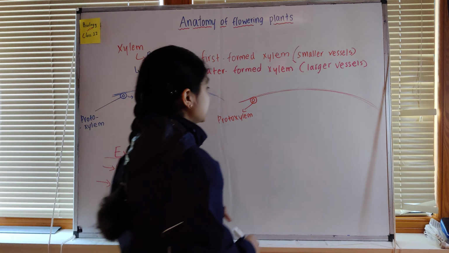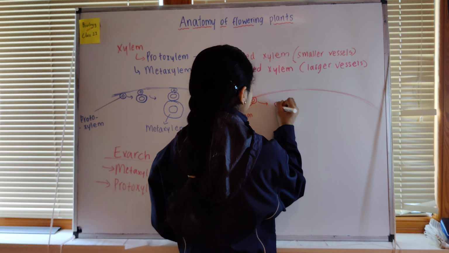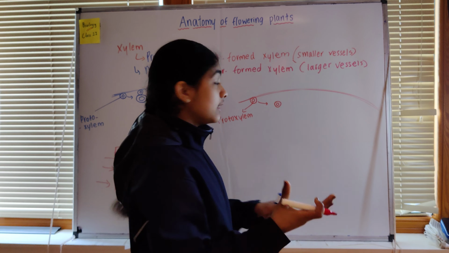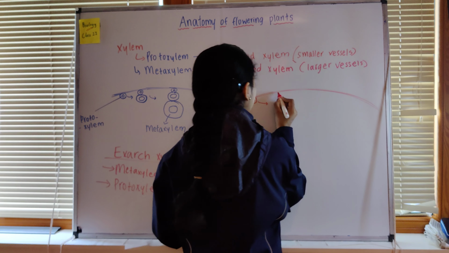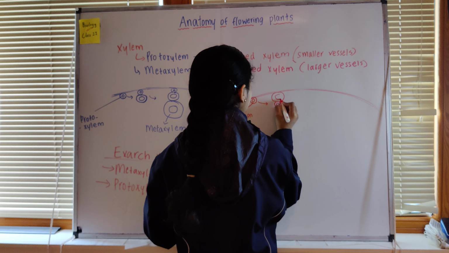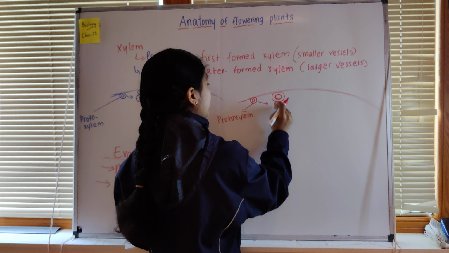But here what happens is this one is going to change position to here, and then a larger vessel is formed above that, not below that, as in the case of Exarch. So one more will be formed above that.